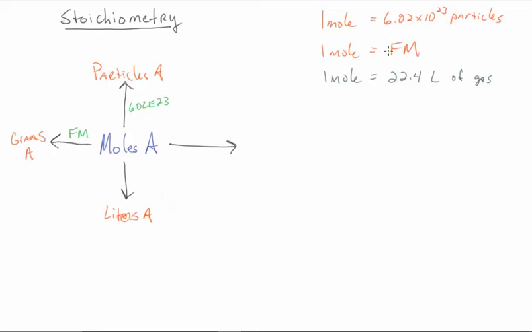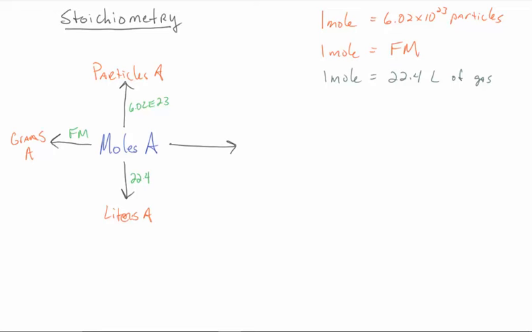My relationship between moles and grams is the formula mass, and my relationship between moles and liters is 22.4. All right, and so those are my relationships. And remember, at this point, you just need to understand if I'm going in the direction of the arrow, I am multiplying. That means if I'm going in the opposite direction, I'm dividing.